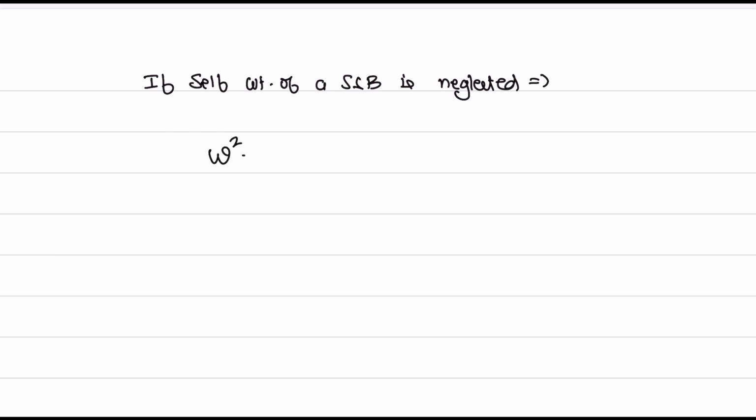If self weight of a simply supported beam is neglected, then omega square is equal to 48 EI by PL cube.